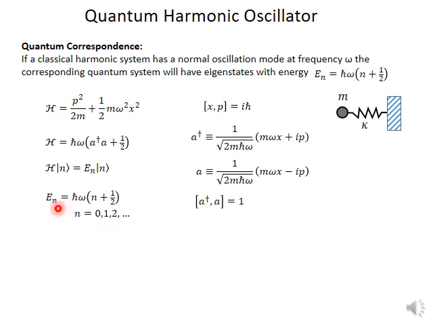And for n equals 0, you would have the ground state energy, which is h bar omega by 2, also called the zero point energy. So a quantum harmonic oscillator has a minimum energy of h bar omega by 2 because of the uncertainty between the position and the momentum. These are important results.